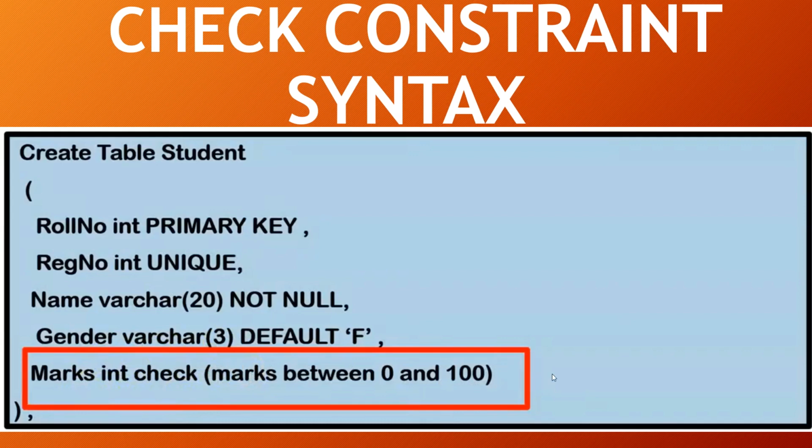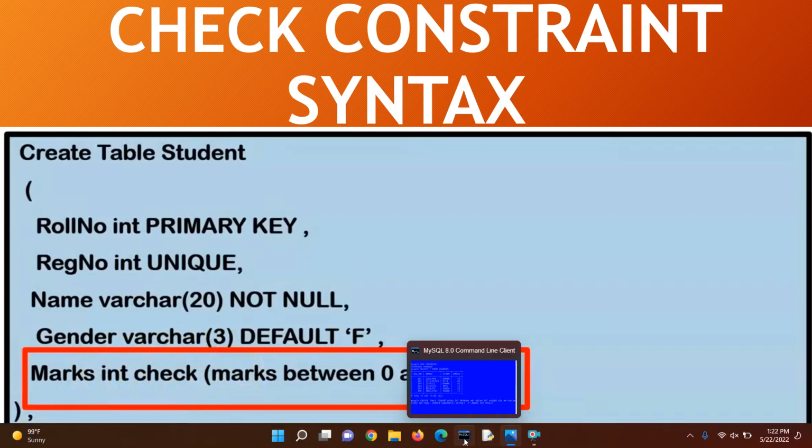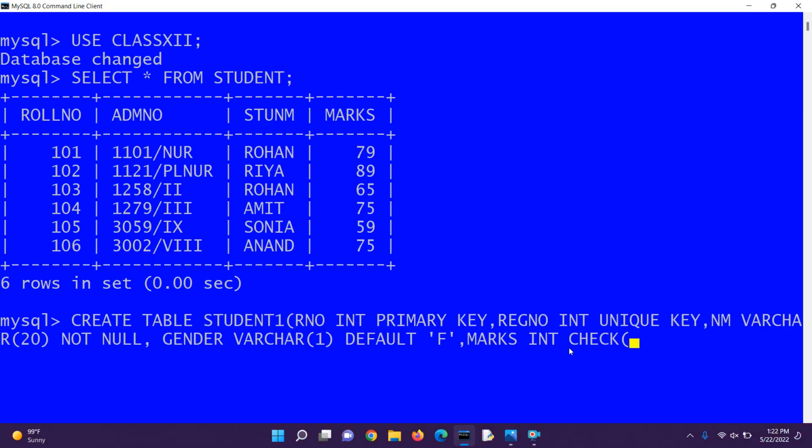So here we are saying marks between 0 and 100. So we'll type here marks between 0 and 100. Now the first parenthesis of check is closed, next the parenthesis of the main create table command is closed, and always remember the semicolon sign.